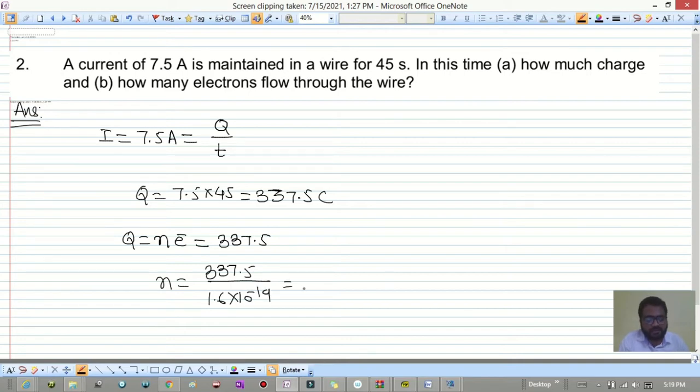If you just solve this, you will get 337.5 divided by 1.6, and this is 210.9375 into 10 to the power 19, which is 2.109375 into 10 to the power 21 electrons. So these many electrons are there. I hope this is clear.